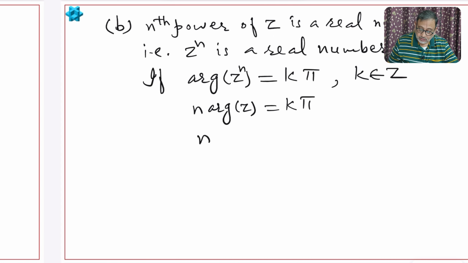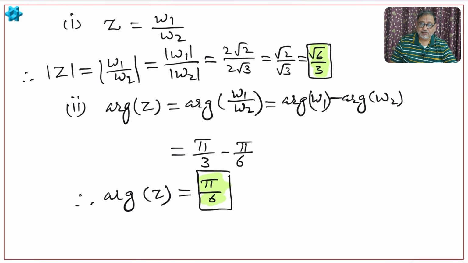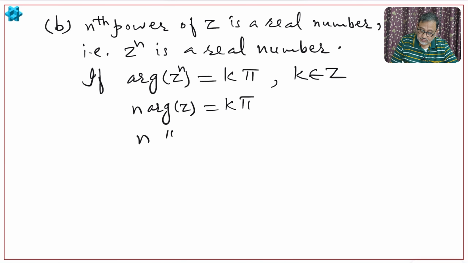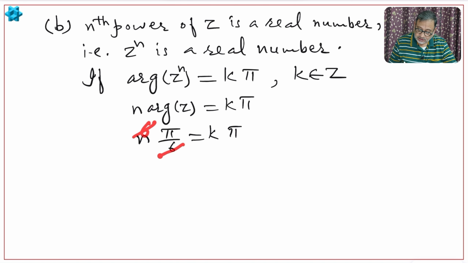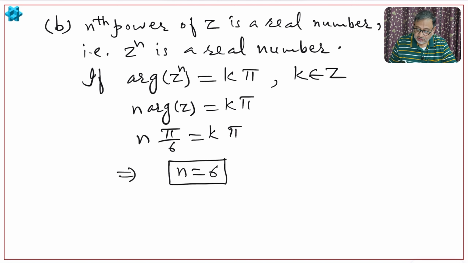So n into argument of z, what is argument of z? Pi by 6. So n into pi by 6 is k pi, pi gets cancelled, and k will be an integer if n is equal to 6, because look here, if this becomes 6, then 6 and 6 cancel and k will be an integer, right? So therefore this implies n is equal to 6, okay. This is the smallest positive integer.